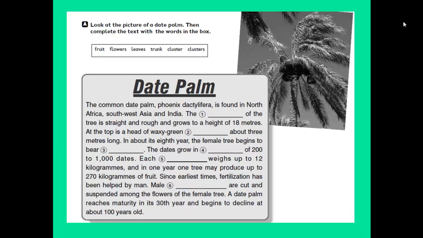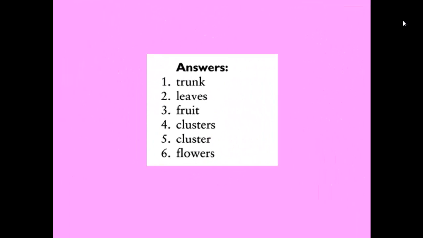Male flowers are cut and suspended among the flowers of the female tree. A date palm reaches maturity in its 30th year and begins to decline at about 100 years old. Now, after filling in the spaces with these words, you can see the answers, my students, and you can write them in your books.